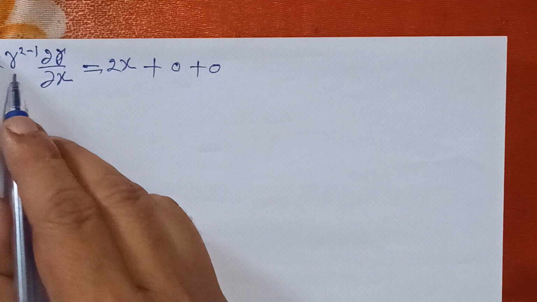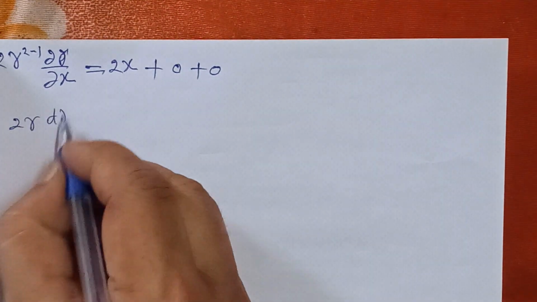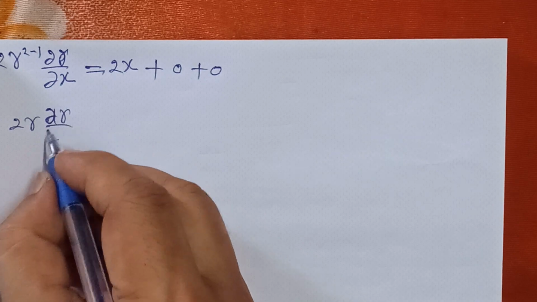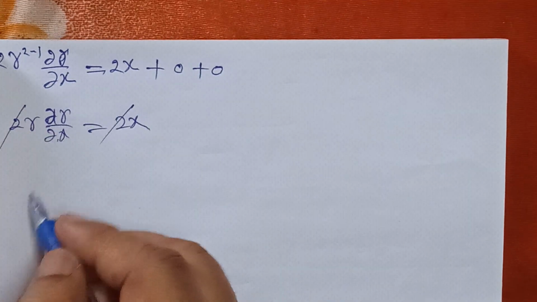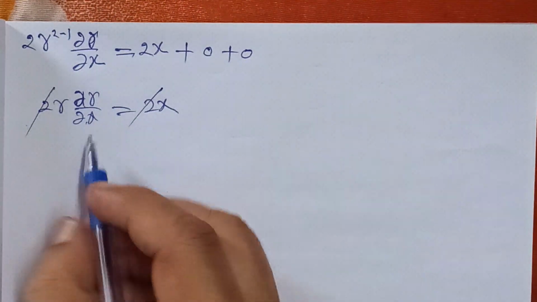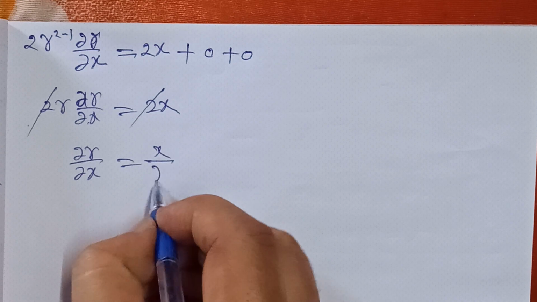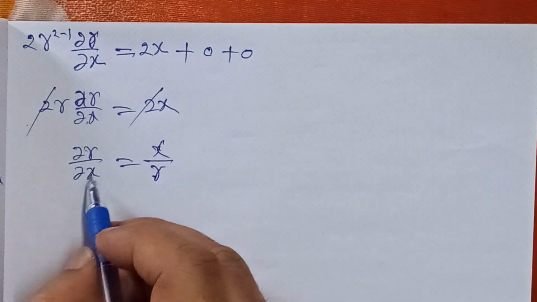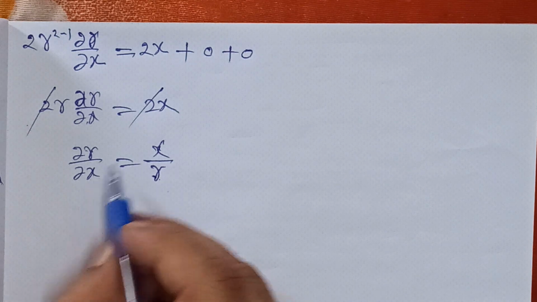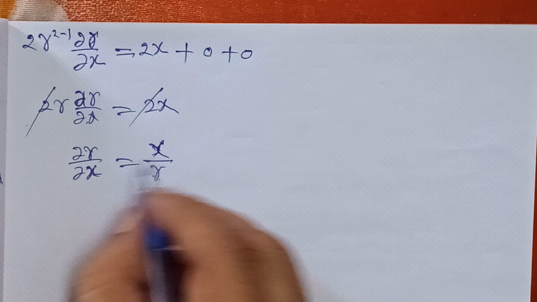Now this becomes 2r del r over del x is equal to 2x. You can cancel out 2 and find the value of del r over del x, which is equal to x upon r. It is a cross relation.